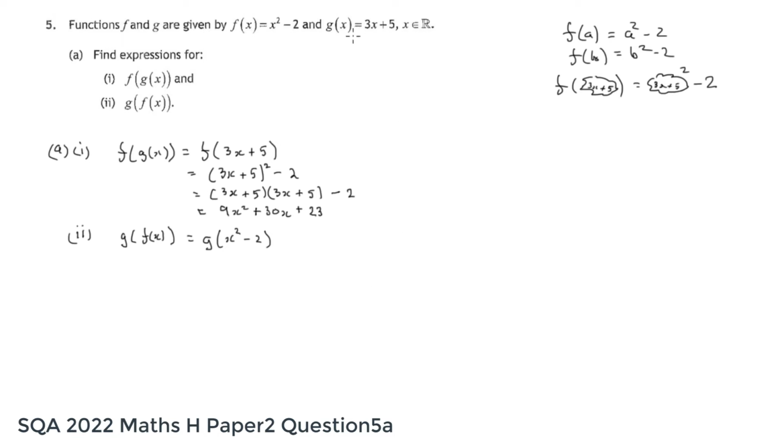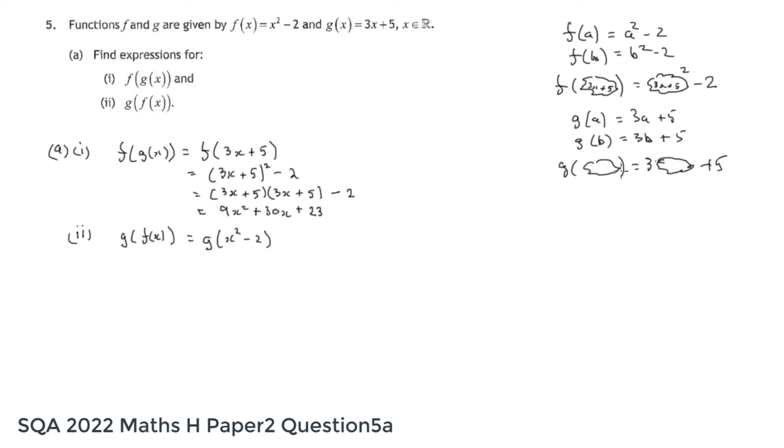We have to decide what g does when numbers go into it. When x goes in, x is multiplied by 3 and 5 is added. So for instance, if a goes in, 3 times a plus 5. If b goes in, 3 times b plus 5. If squiggle goes in, 3 times squiggle plus 5. And in this case, what is going in?